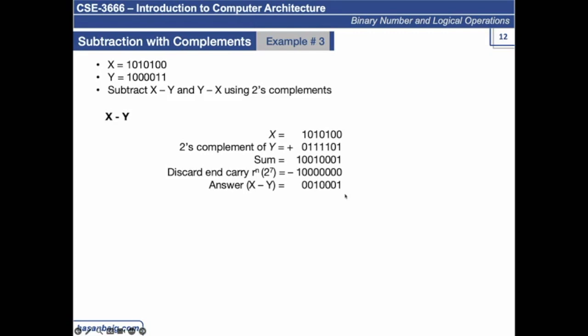Now, let me go back and copy the values: x is 1 0 1 0 1 0 0 and y is 1 0 0 0 0 1 1. I'm moving to my notepad.